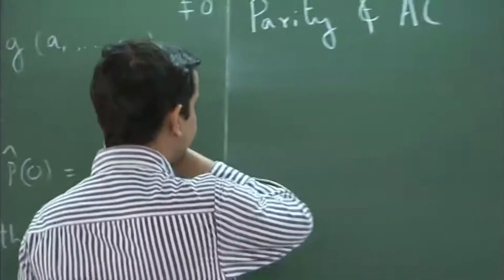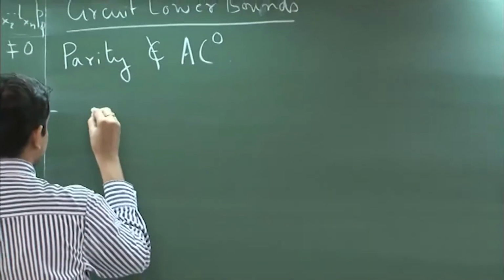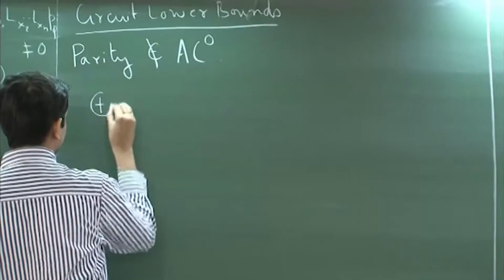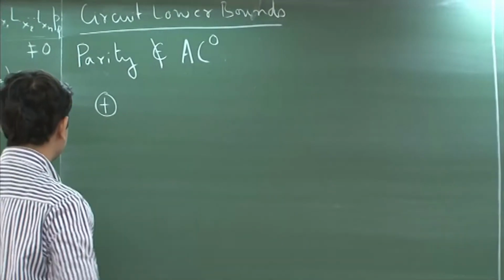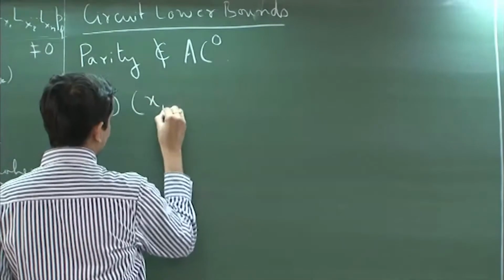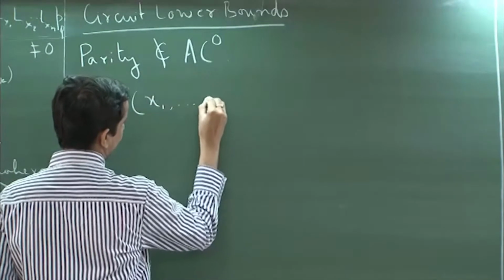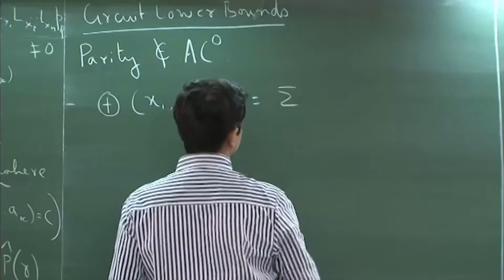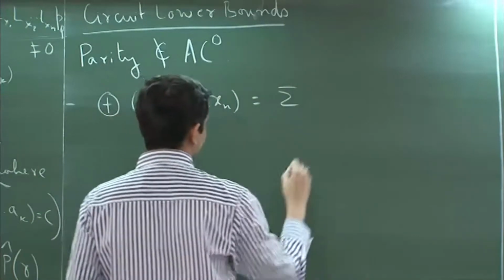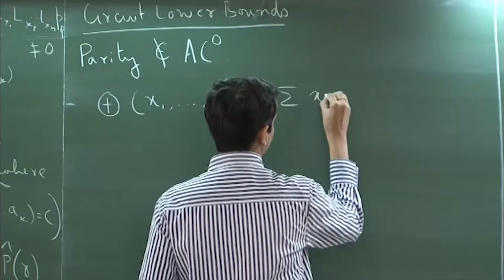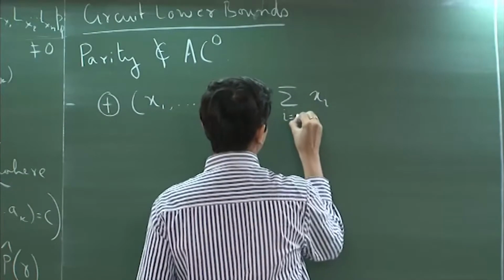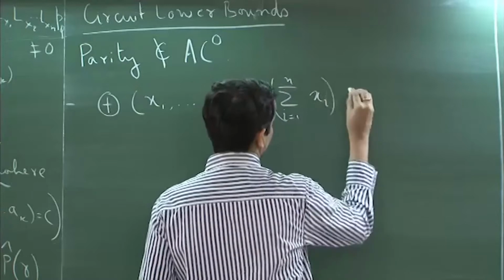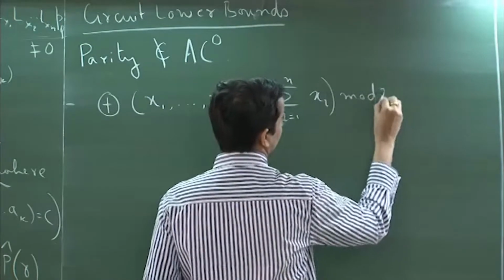So, let us recall what the parity function is. I will just denote it with this symbol. The parity on n variables is just the sum of the individual bits modulo 2.